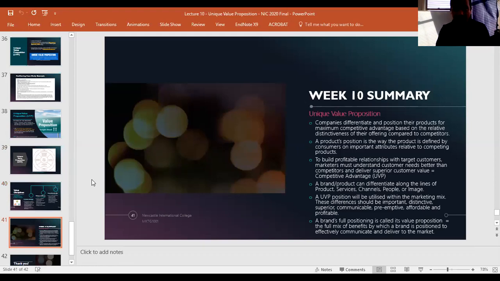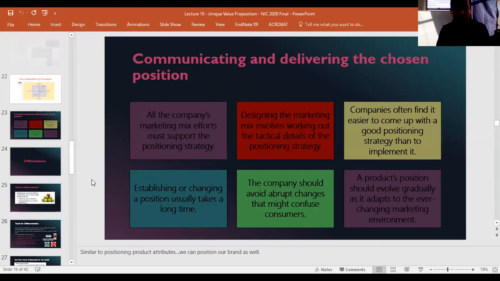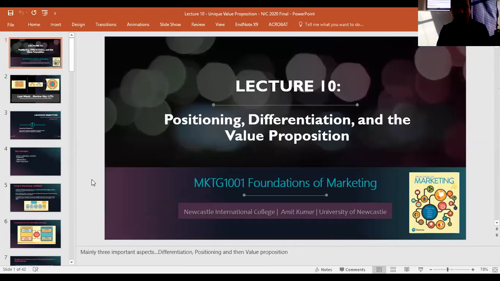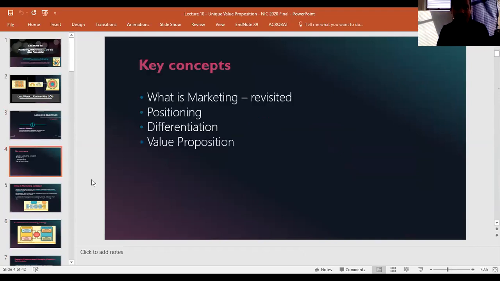So I think this is all about today's discussion. Overall, we revisited some of the basic marketing concepts at the beginning, and then we understood positioning, differentiation, and value proposition in greater detail with many company-specific examples. And finally, we ended with the unique value proposition.